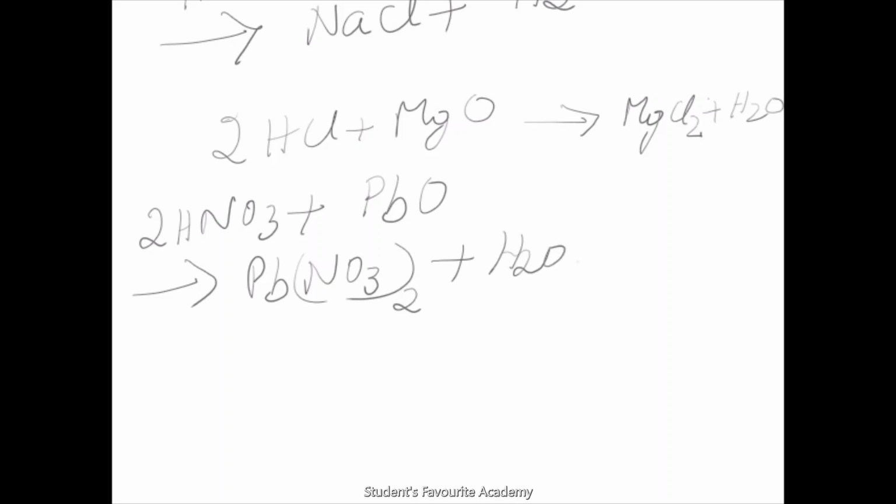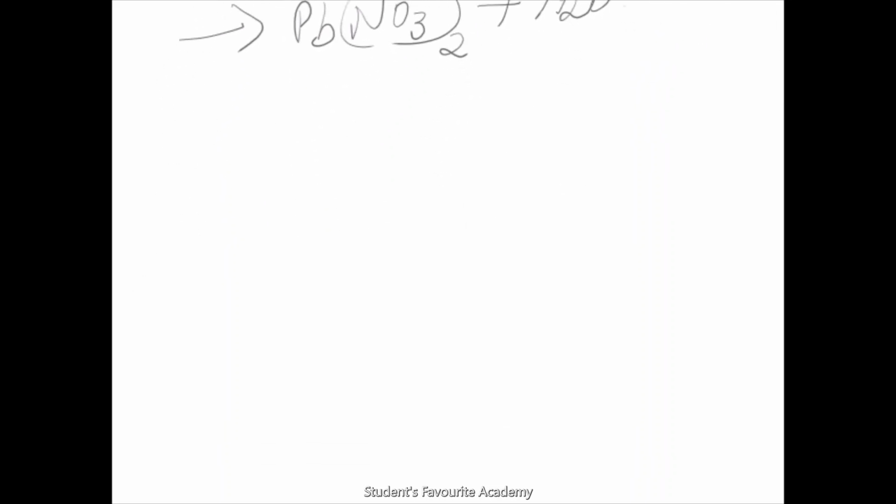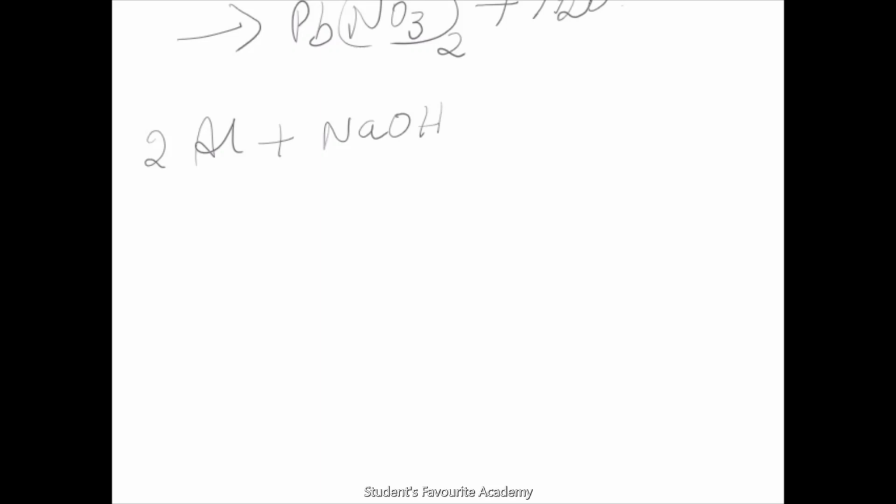Okay, then the next method of preparation is by the action of alkalis on certain metals like aluminium and zinc. So when aluminium reacts with sodium hydroxide solution, solution meaning aqueous sodium hydroxide solution, that means water is also present, you get sodium aluminate, that is 2NaAlO2, where 2 is of course for balancing.